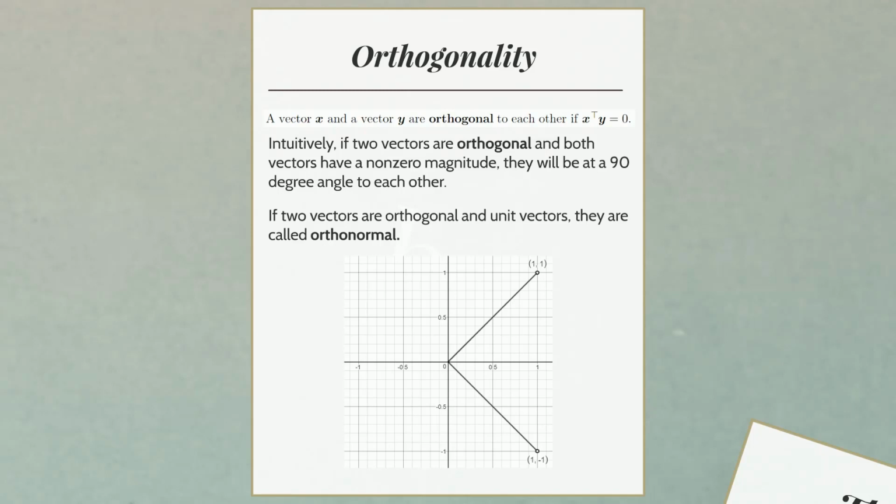But that isn't used quite as commonly, so simply understand that orthogonality in this case is the multiplication of the transpose of one vector times another vector being equal to 0. If you've done some multivariate calculus or linear algebra in the past, you've heard of this as the dot product. So the dot product of these two vectors is going to be equal to 0 as well. So that is orthogonality in a nutshell.